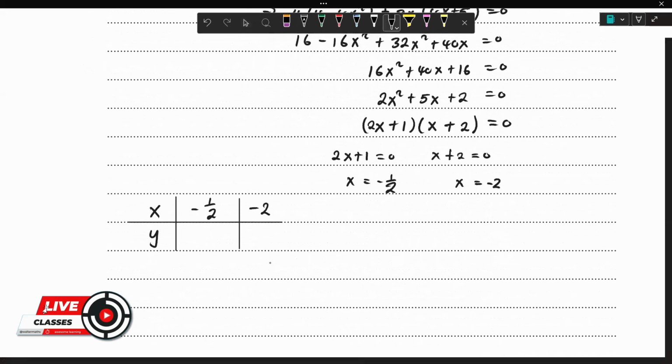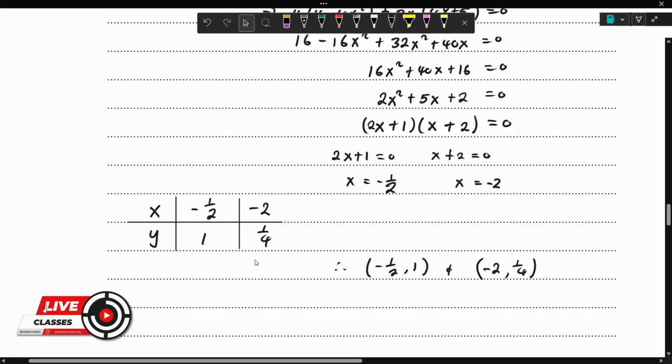So when x is minus a half, y is 1. And then minus 2, store that into x, and we get a quarter. So therefore, the coordinates are (-1/2, 1) and (-2, 1/4).